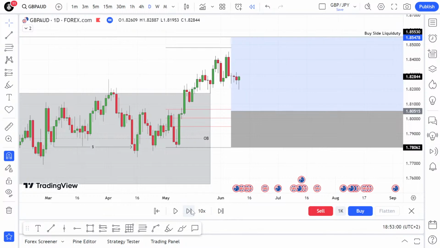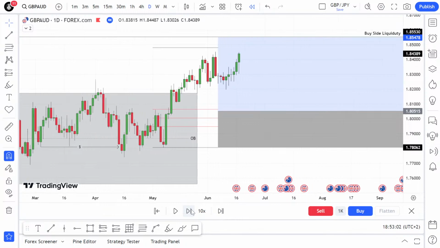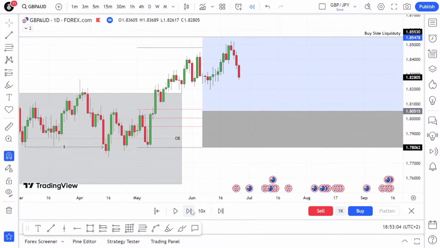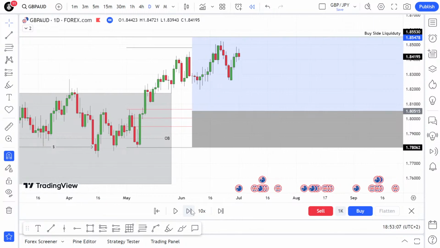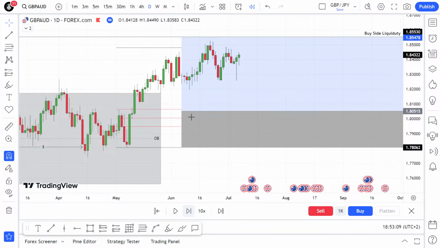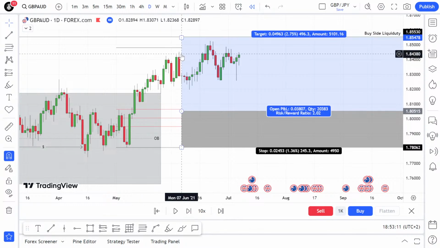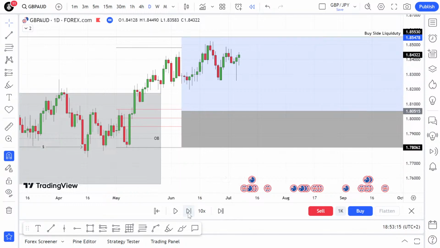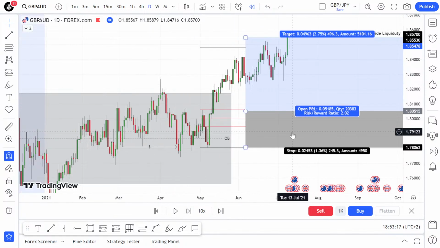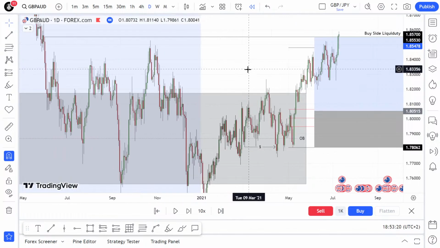But we are kind of chopping and having low momentum to the downside. And I'm thinking that we're quite close to the liquidity pool. So we're probably going to step that out before my entry, as you can see now. Okay.